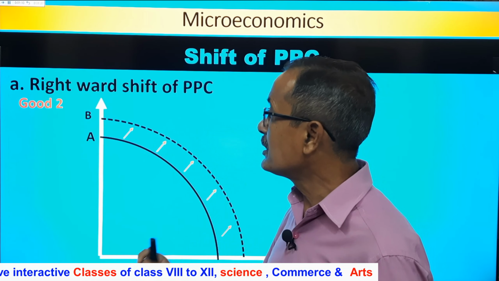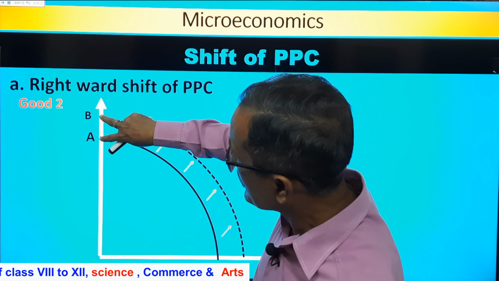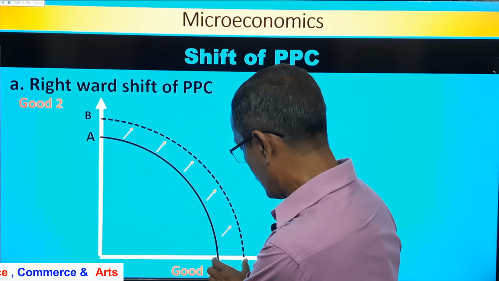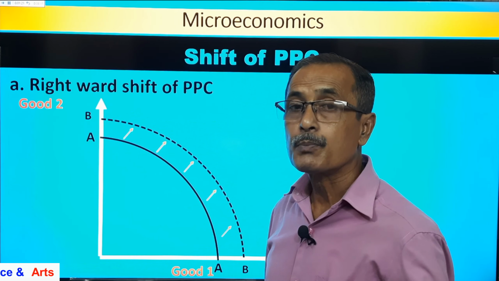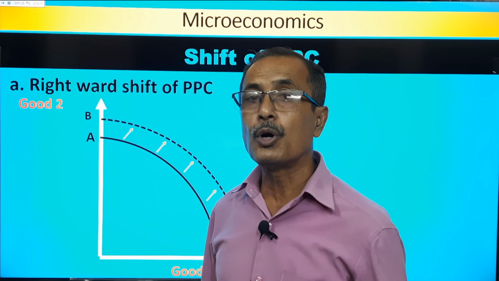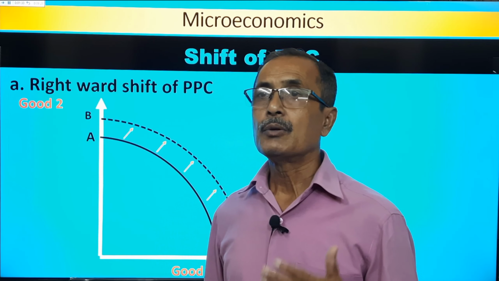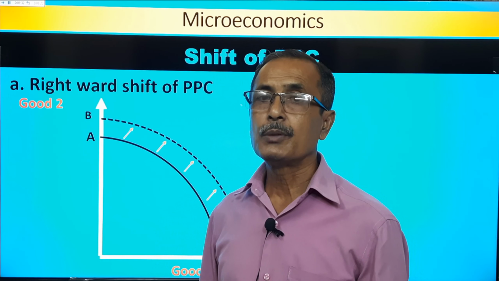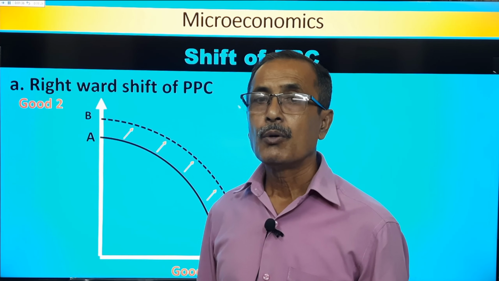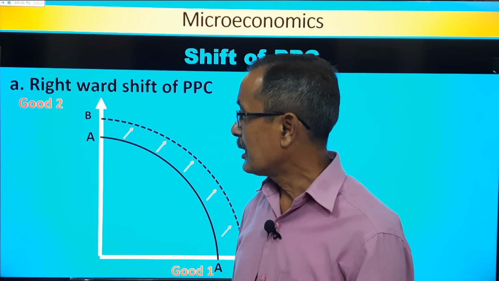It means that when the curve shifts to the right, you can produce this extra amount of good 2 or this extra amount of good 1. This is possible only when there is growth of resource. तो आपका सवाल क्या है? सवाल ये है कि when does a PPC shift to the right? Answer is the PPC shifts to the right when there is growth of resource, right?